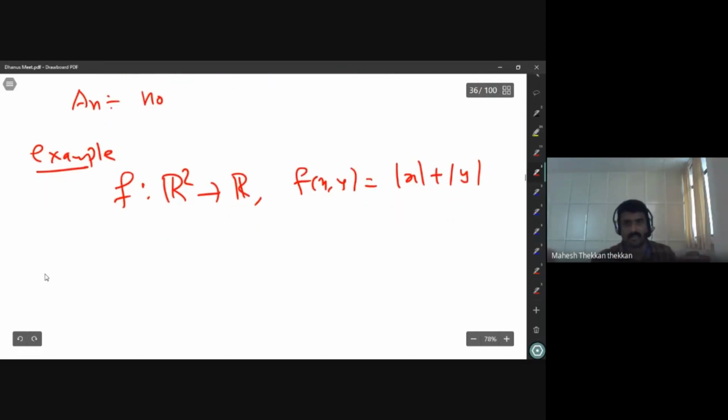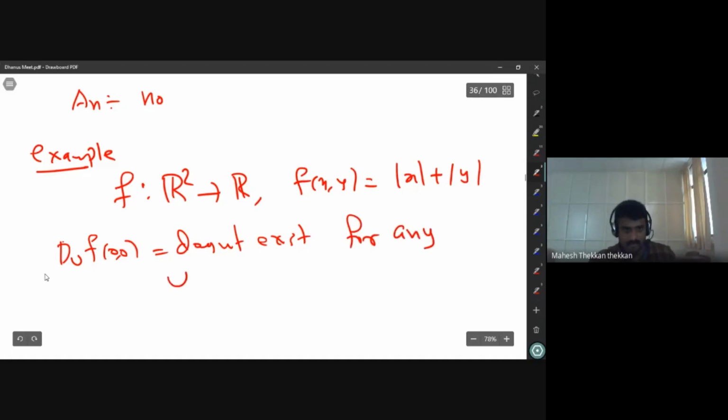Whatever direction you take, it won't exist at (0,0). So D_u f at (0,0) does not exist for any unit vector u equal to (u1, u2). You just use the definition and compute it directly. It's a very easy function, and this function is continuous also.